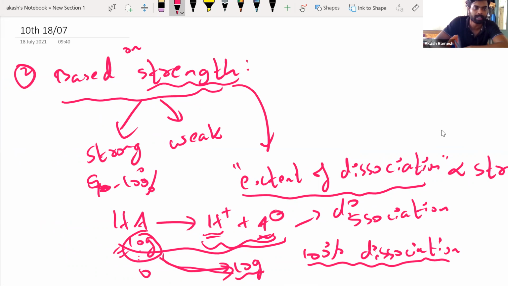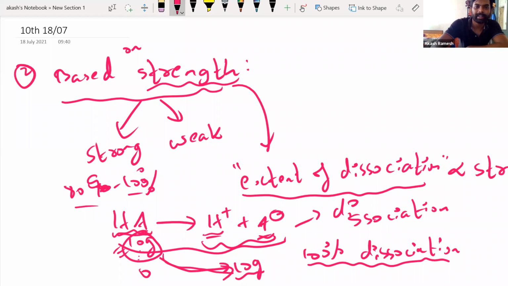I can even start from 80%. If the reaction completes to 80 to 100%, then it is a strong acid. So can I call this particular acid a strong acid? Yes, because all the 10 grams got dissociated into H plus and A minus. So this HA, which I considered as a normal example, is a strong acid.